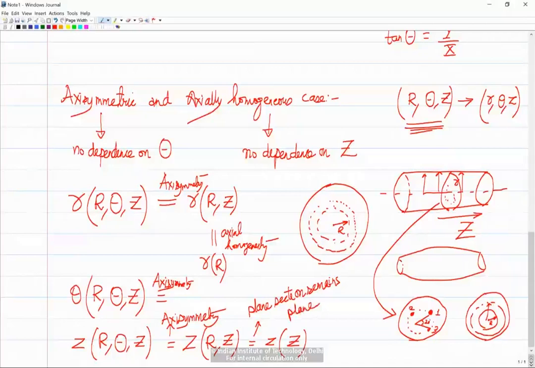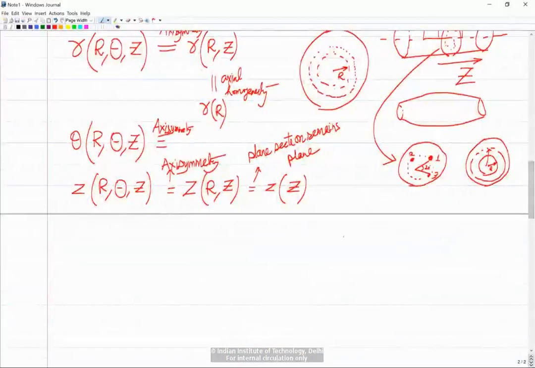Now what about small z depending on big Z? Can that also be said, that no, it will not depend on big Z if it has to be axially homogeneous? What do you think? Think of, for example, simple extension of a beam.